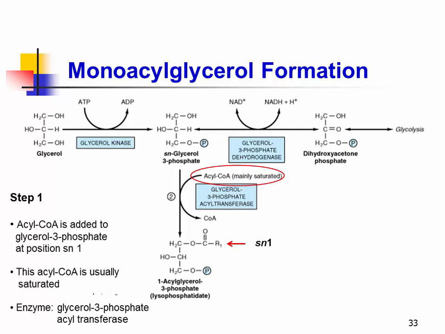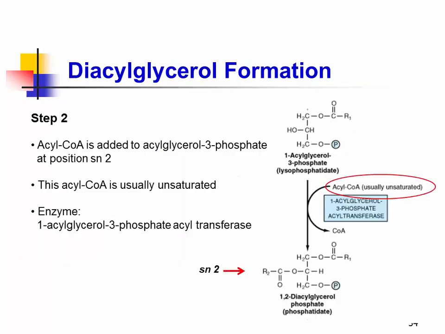And once you have the glycerol 3 phosphate backbone, first you add one fatty acid molecule to the SN1 position. This is the first step. And the second step, you add the second fatty acid molecule, basically fatty acyl-CoA, right?